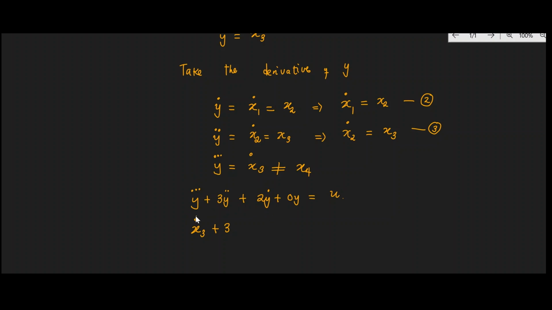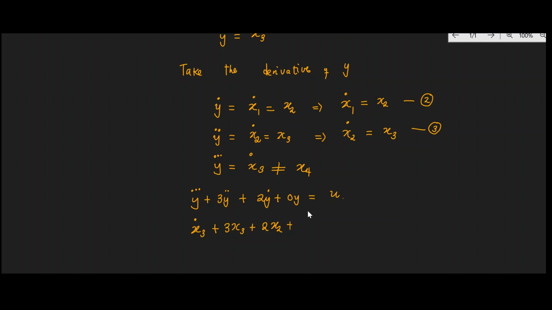So here we just have one derivative, meaning the rest of the terms shouldn't contain derivatives. So this is x3 plus 2 times y dot, which is simply x2, without derivative, plus 0y.